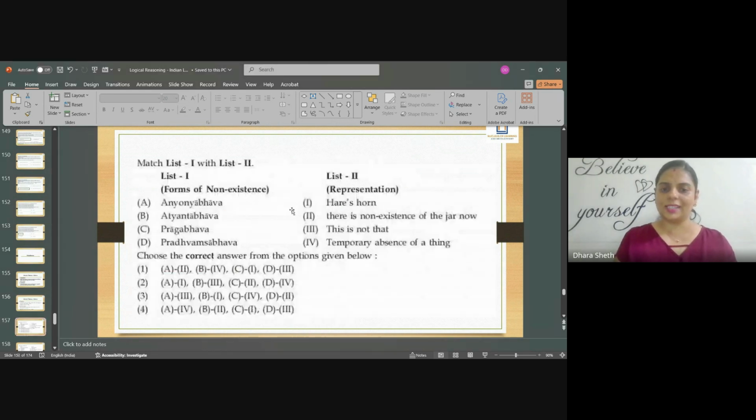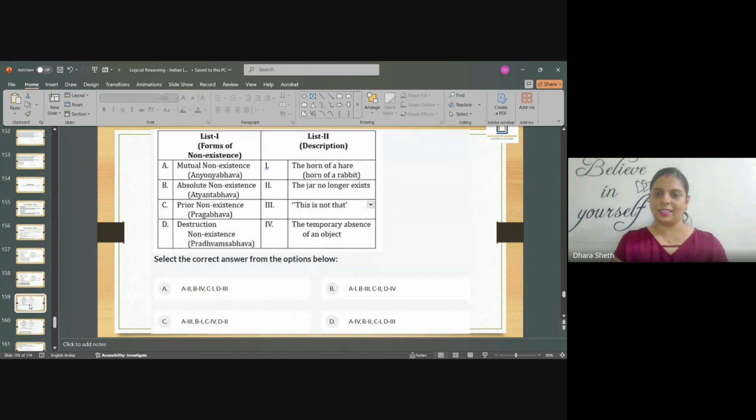Based on this, they ask this. Match A with B, where Anyonya abhav is, this is not that. I'll show you the answer also. Atyanta abhav is hare's horn. Praga abhav, temporary absence of a thing. And pradhvam abhav, there is non-existence of the jar now, the jar is broken already. This question has also been asked in this way.